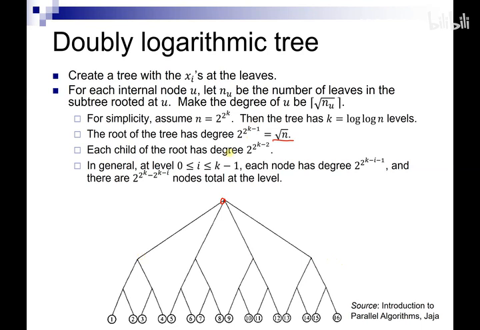Therefore, each of these nodes has 2 to the 2 to the k minus 1 nodes in its subtree, so the degree is the square root of this, which is 2 to the 2 to the k minus 2. Each of these children has degree 2 to the 2 to the k minus 2.